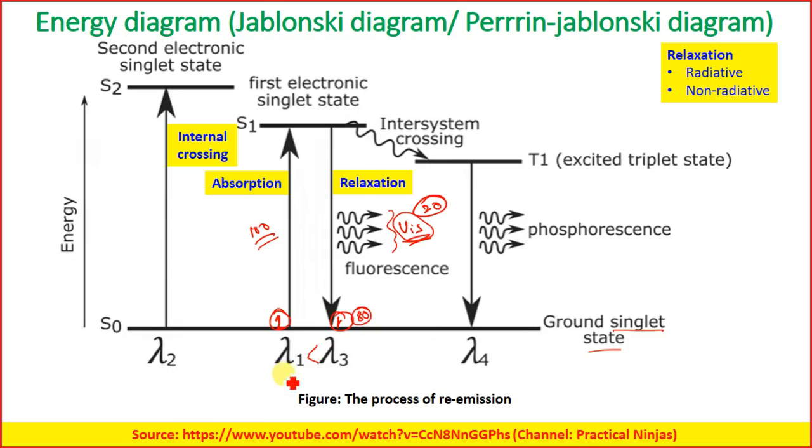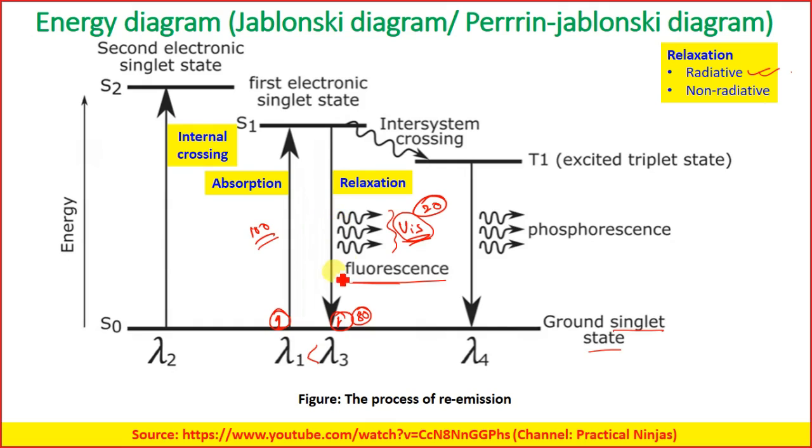In other words, energy 1 is greater than energy 3. So how is this energy lost? This energy is lost because it is emitting visible radiation. So the fluorescence is a radiative relaxation process.